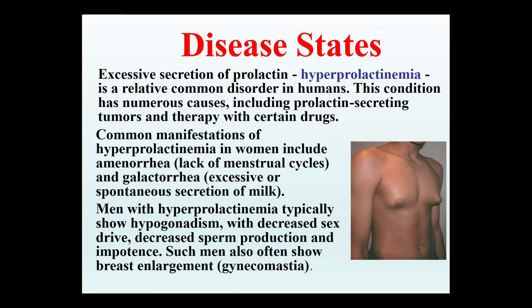Common manifestations of hyperprolactinemia in women include amenorrhea, the lack of menstrual cycle, and as a result, disorder of reproductive function, and galactorrhea, excessive and spontaneous secretion of milk. Men with hyperprolactinemia typically show hypogonadism with decreased sex drive, decreased sperm production, and impotence. Such men also often show breast enlargement, gynecomastia, but very rarely produce milk.